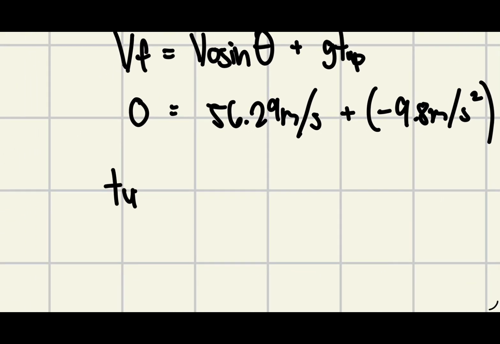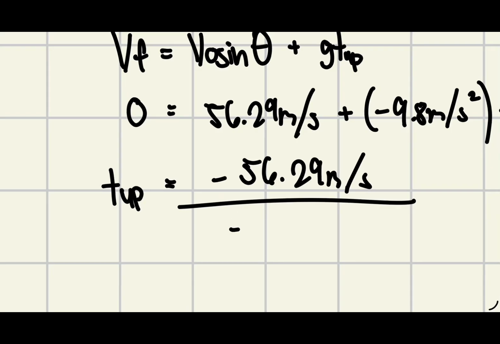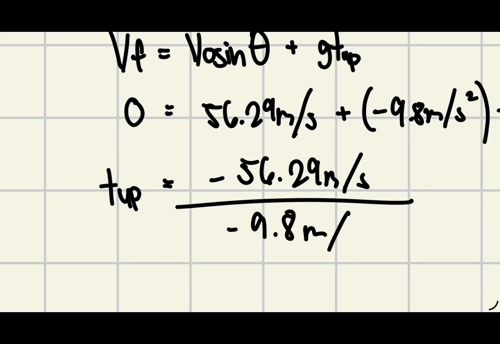Let's put it in this side. Then we either transpose or divide both sides. So we have negative 56.29 meters per second all over negative 9.8 meters per second.